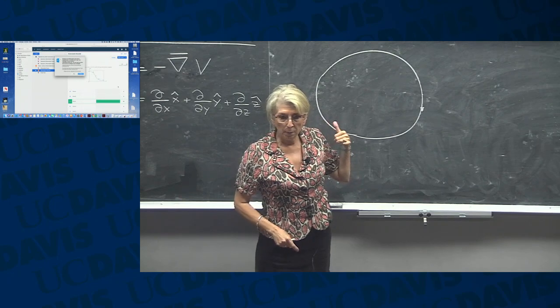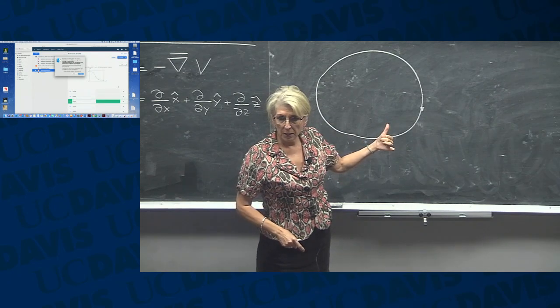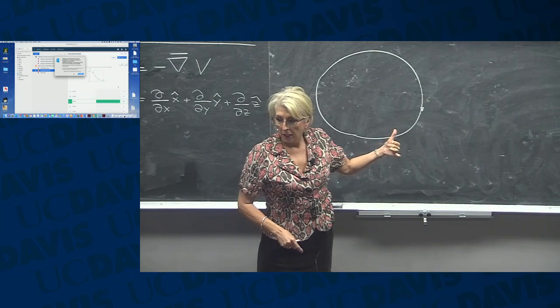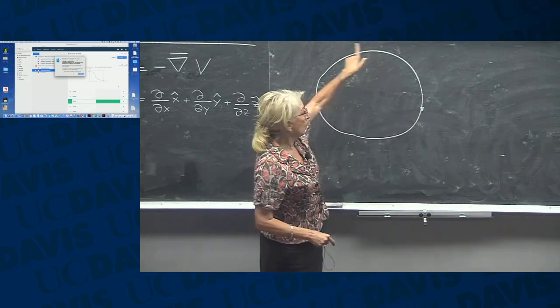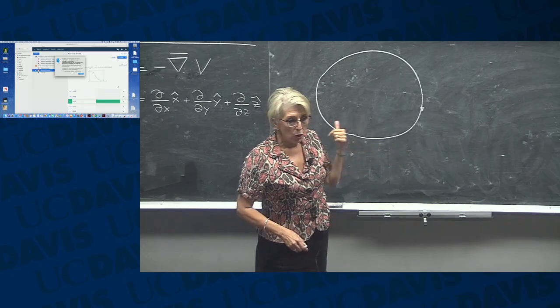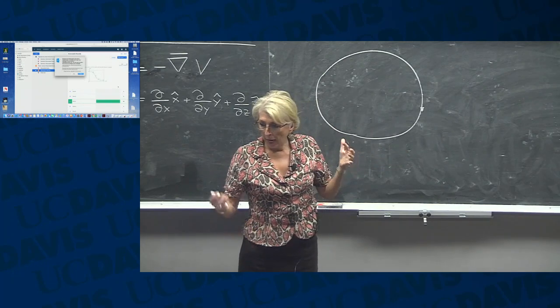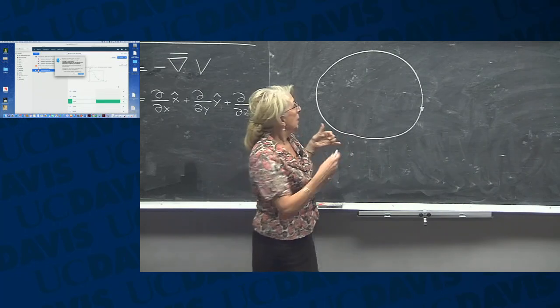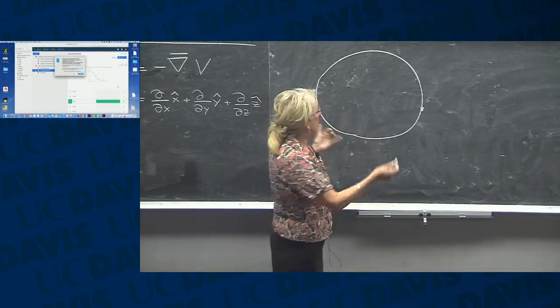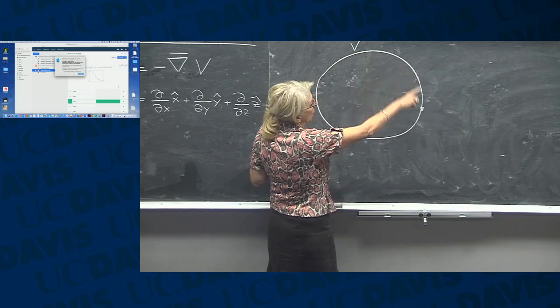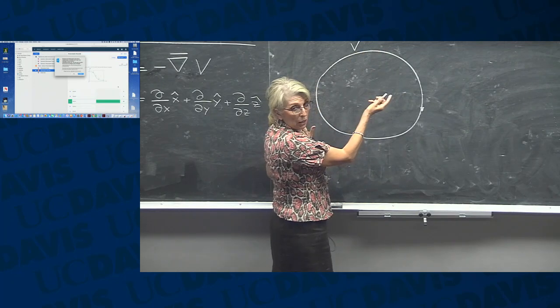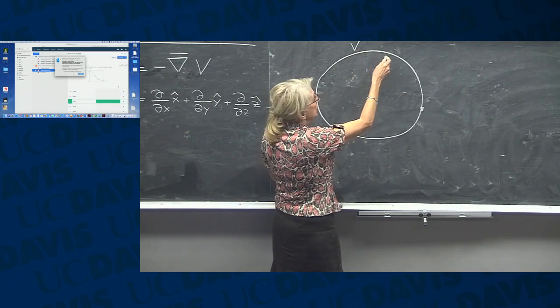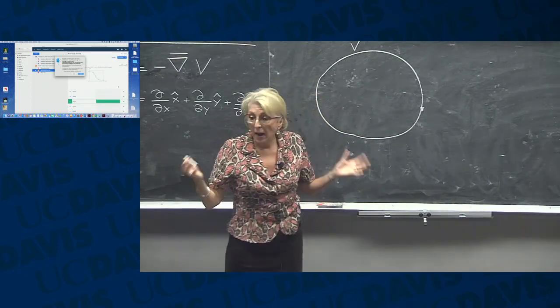So what happens to the potential on the surface of this conductor? It has the same value everywhere. So whenever you have a metal surface, and it's a perfect conductor, obviously, you need to remember that the potential on the surface of this conductor is going to be constant, and it's going to have a value.